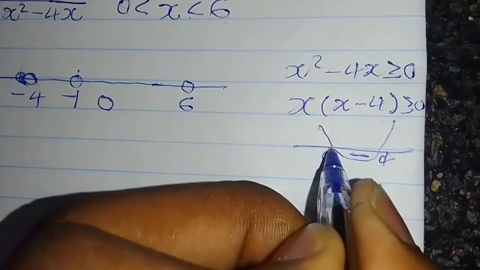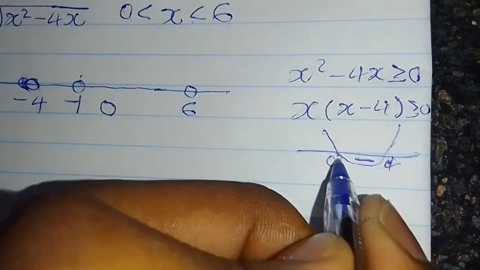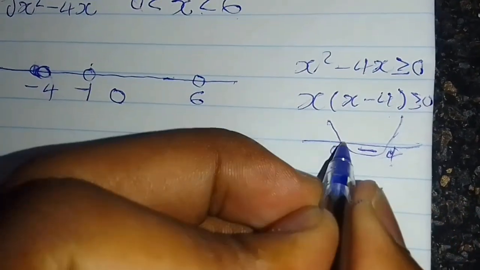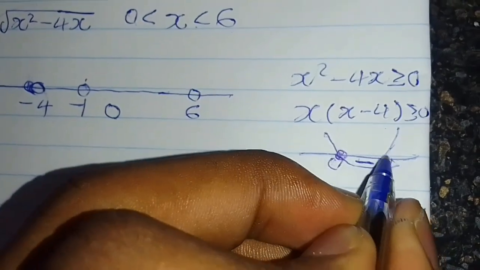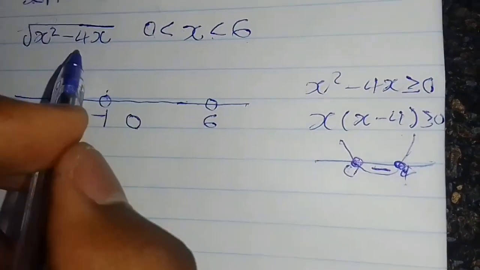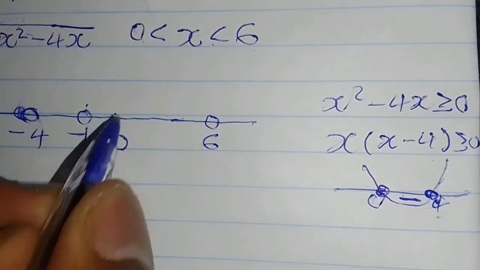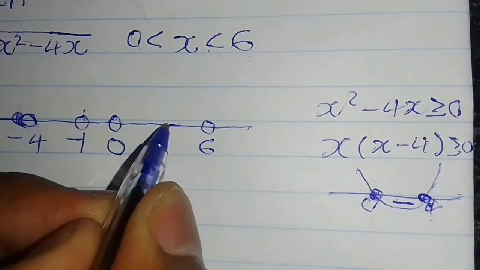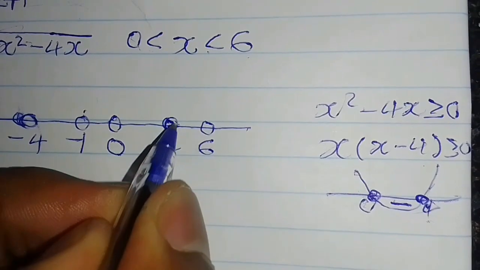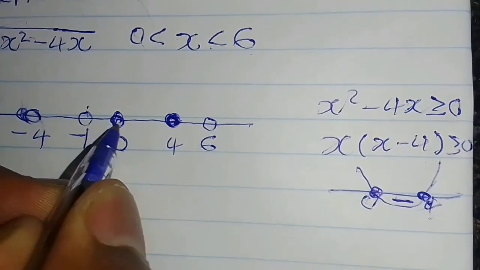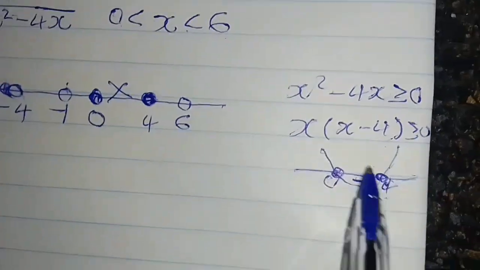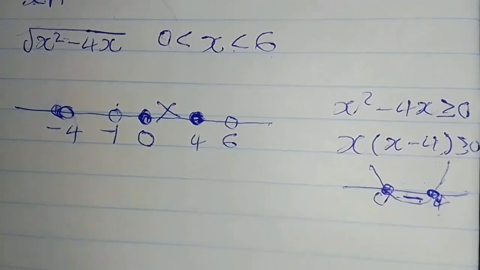It's negative between 0 and 4, so we don't include the numbers between 0 and 4. But 0 and 4 should be in the domain because that's where it's 0, and the square root of 0 is defined. That region should not be included because that's where we get a negative, and we can't put a negative inside the square root.